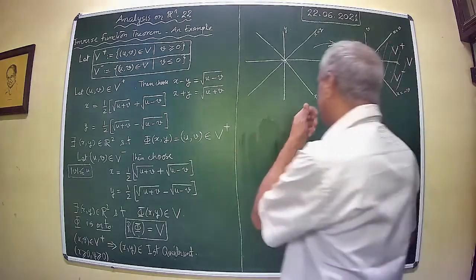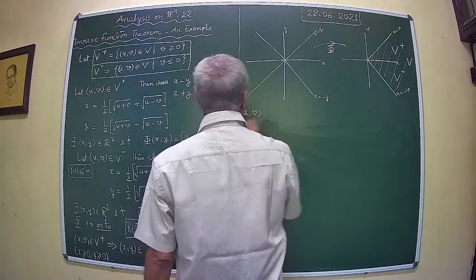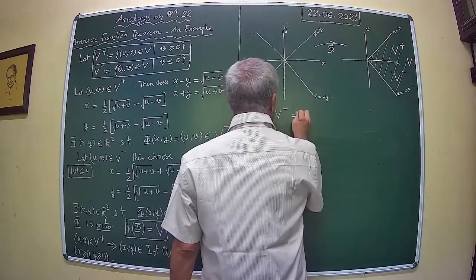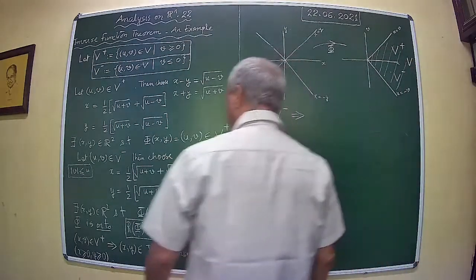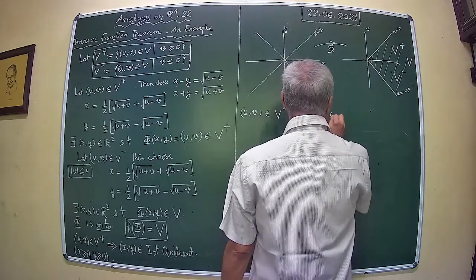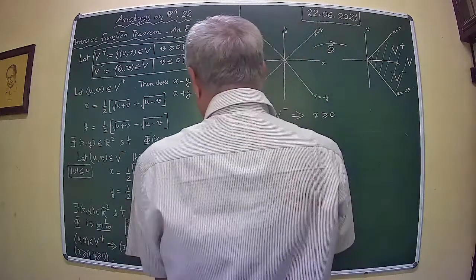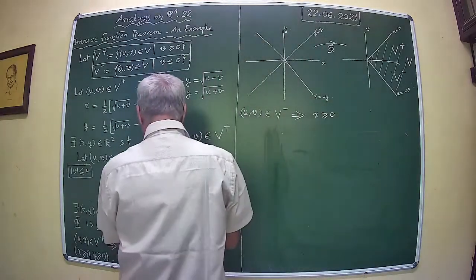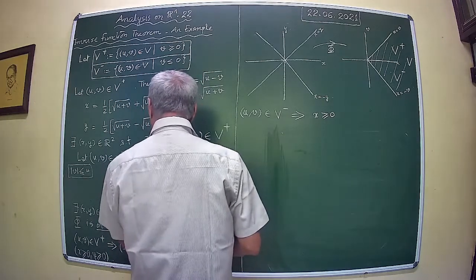Now you also see that, look at the definition of x, x is greater than 0. And what about y? You see that v is negative, therefore the magnitude of this is greater than the magnitude of this.